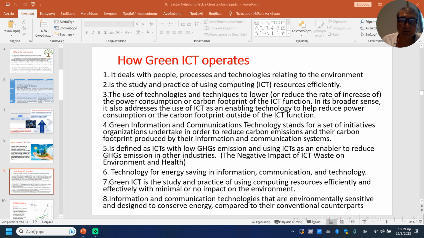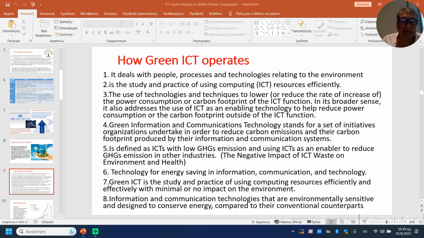Green information and communication technology stands for a set of initiatives, organizations, undertakings, and so on to lower the information and communication system influence on the environment.